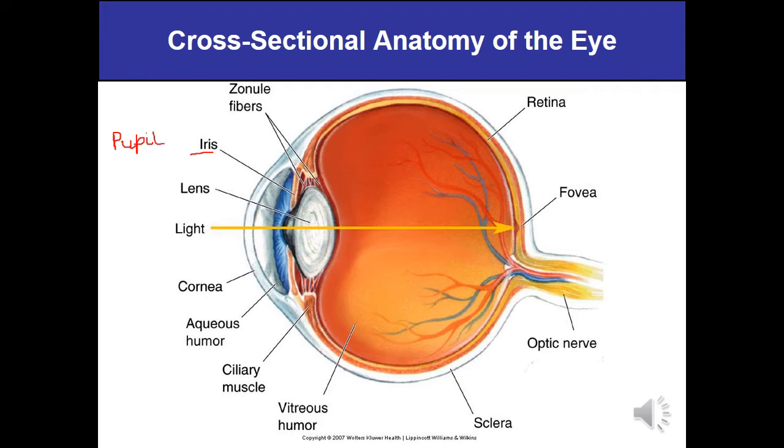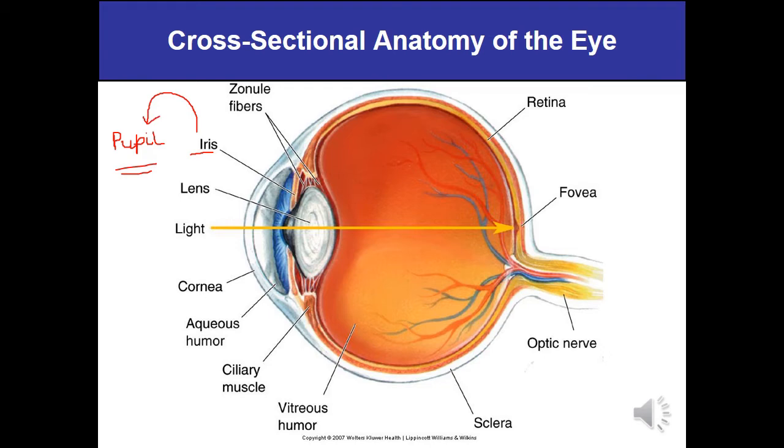Through the pupil, light enters the eye, and this is what enables us to see things. Our iris has a very important job: its job is to control the size of the pupil.